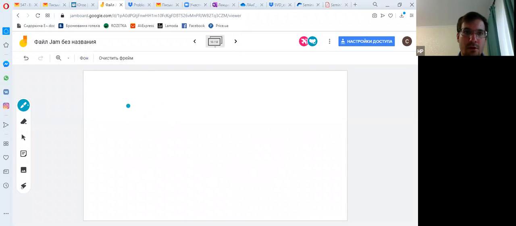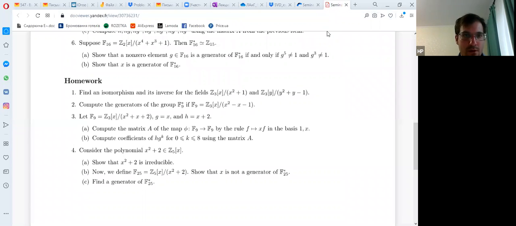So you just need to take X here, and compute X in the 3rd and X in the 5th. If it is not equal to 1, then you have proved that X is the generator. So it seems that that is all.